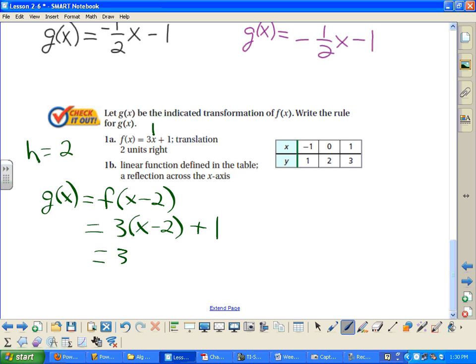So we get 3x minus 6 plus 1, which is 3x minus 5. Okay? So the thing is the lines are parallel, right? Whenever I do a translation, horizontally or vertically, the lines are going to be parallel, so I'm always going to have the same slope. So you should still have 3x. The only difference is your y-intercept is going to be different.